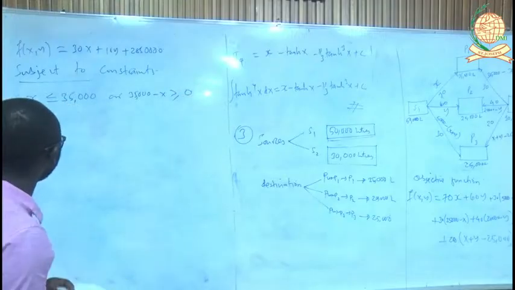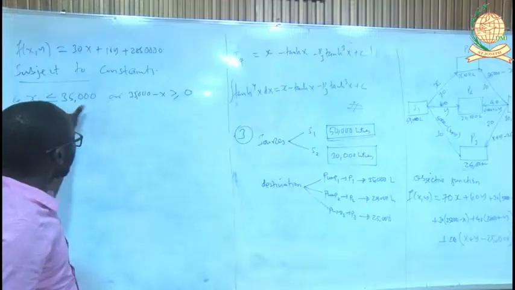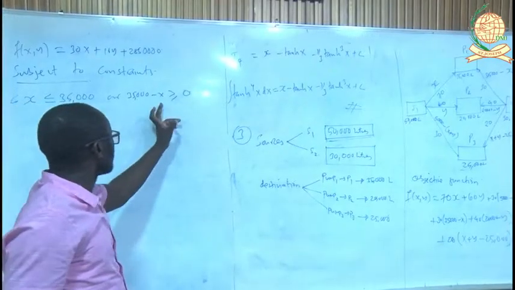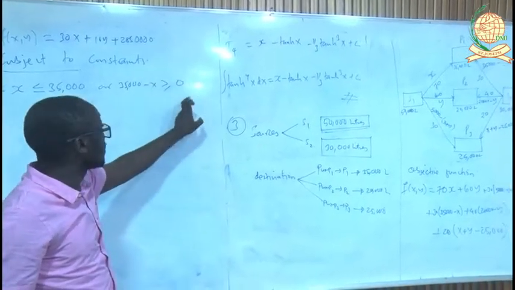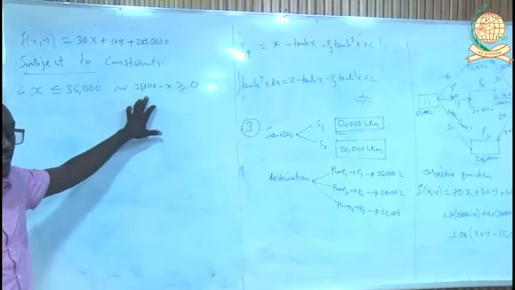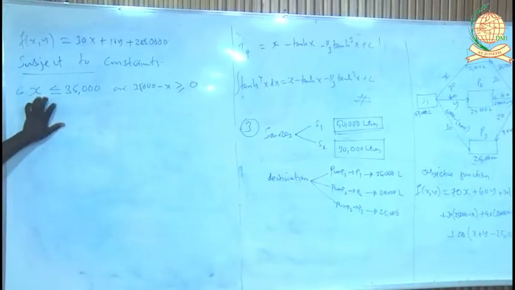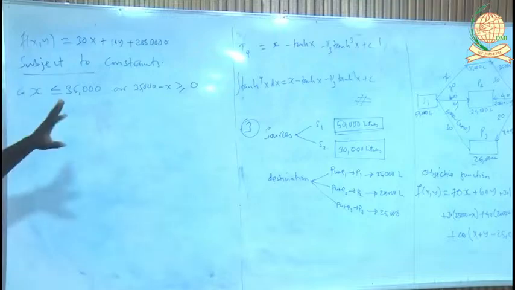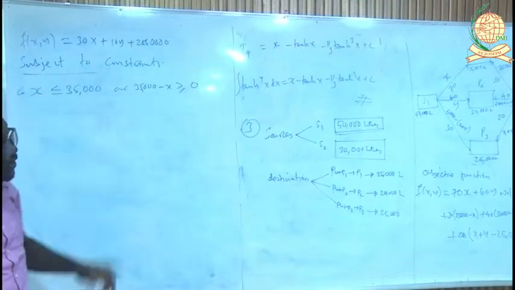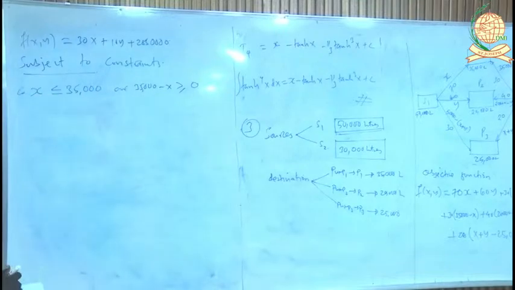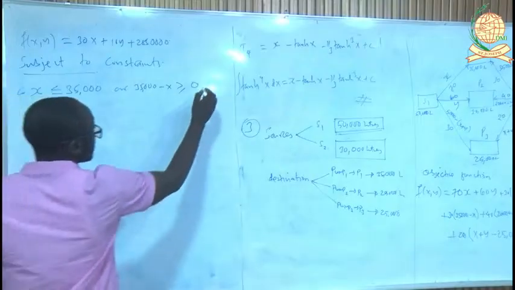I wrote both because mathematically they are equivalent: taking x to the right-hand side, x is less than or equal to 35,000 liters. So for P1, these two constraints represent one piece of information. This is constraint number 1.